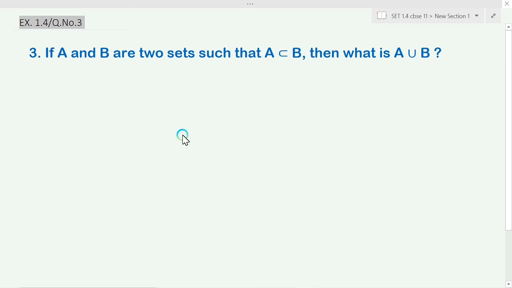Question number 3. If A and B are two sets such that A is a subset of B, then what is A union B?